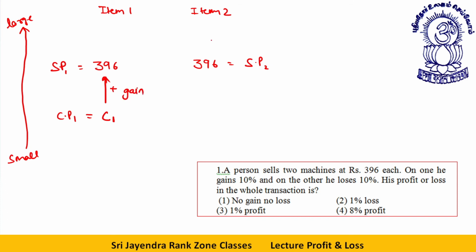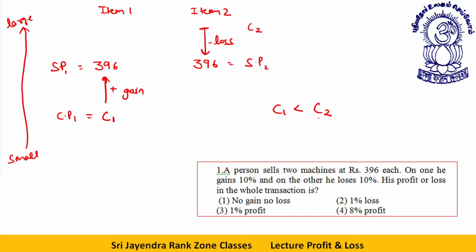On this one, CP2 was a bigger value, and I incur a loss, minus the loss. CP2 is, let's say, C2. Now think about it. One thing is for sure, that C1 is less than C2.